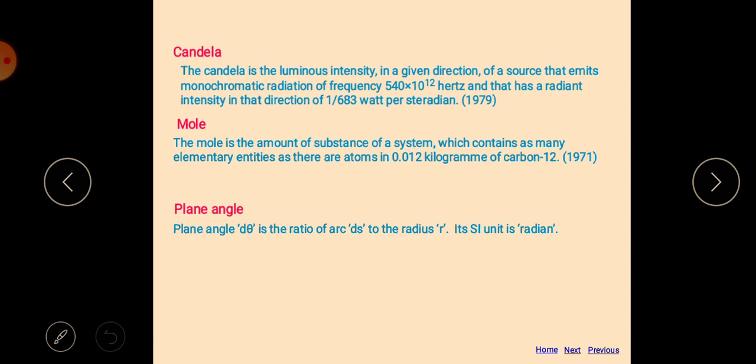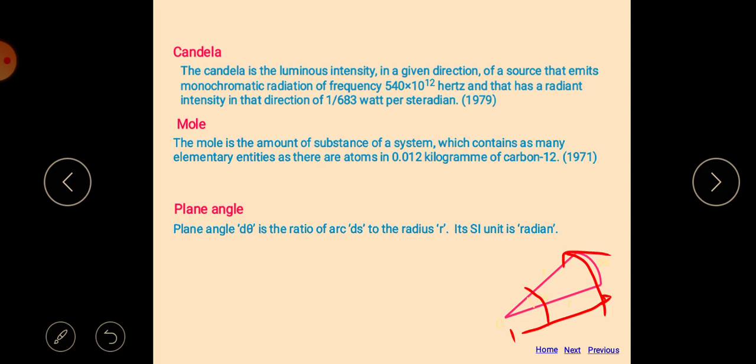The plane angle d theta is the ratio of arc ds to the radius r. Its SI unit is radian. Suppose this is a plane angle. This one is the arc, and these two are the radius, and this arc must subtend some angle. This angle is the plane angle. You can also define it in this way: a ray is rotated by some amount.